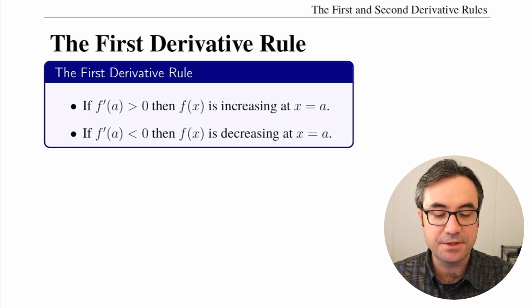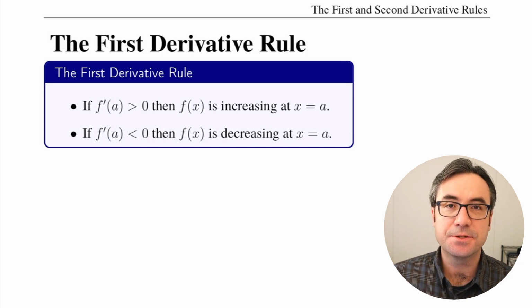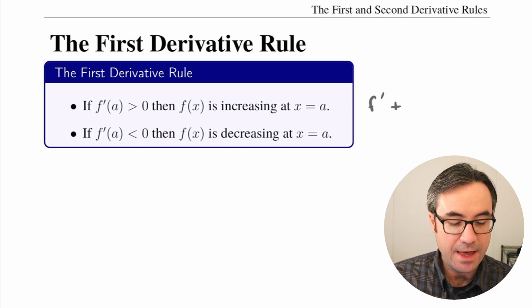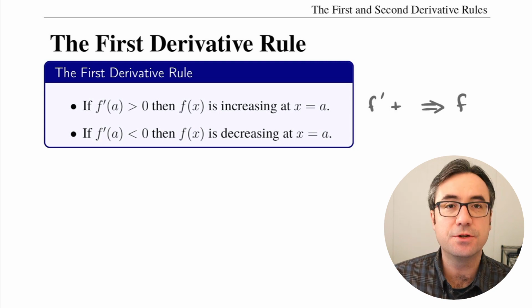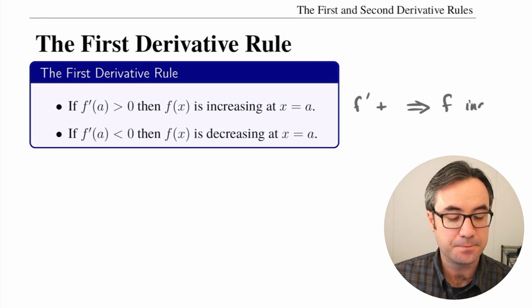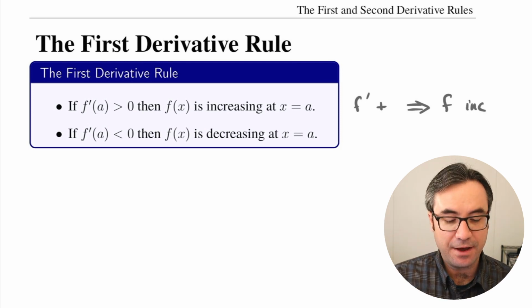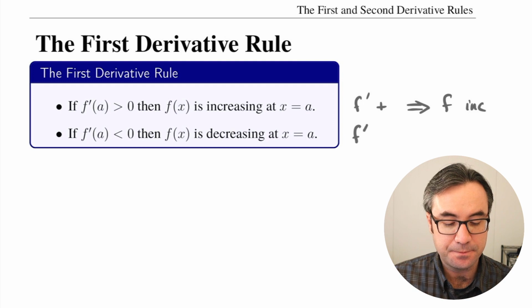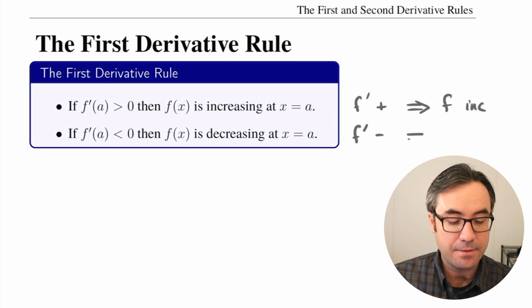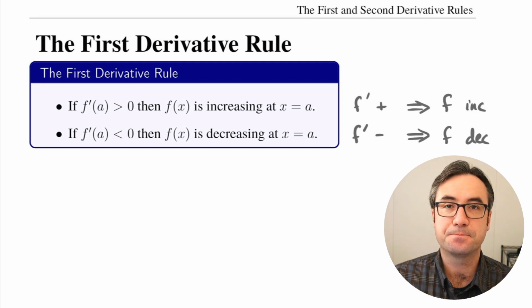So really, to summarize, if f prime is positive, then the original function f is increasing. And if f prime is negative, so if our first derivative is negative, well, then the original function is decreasing.